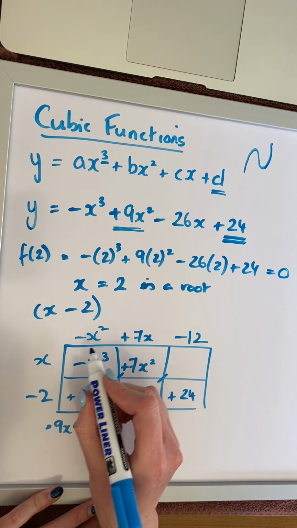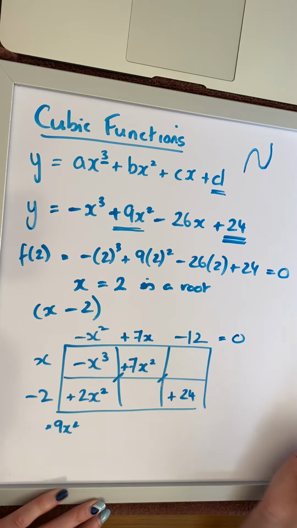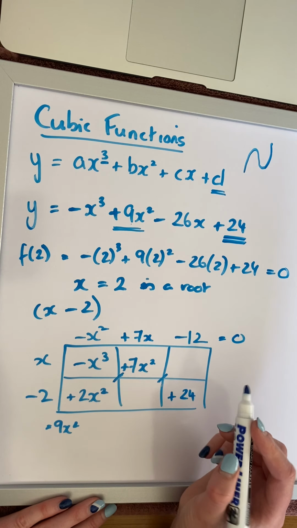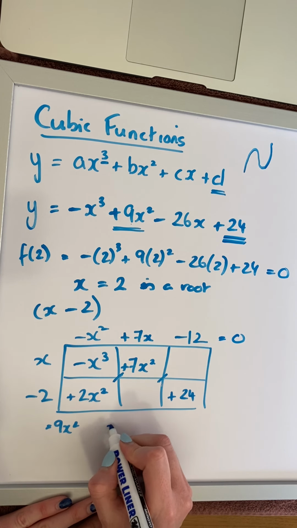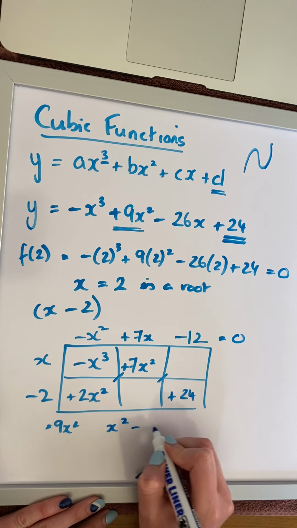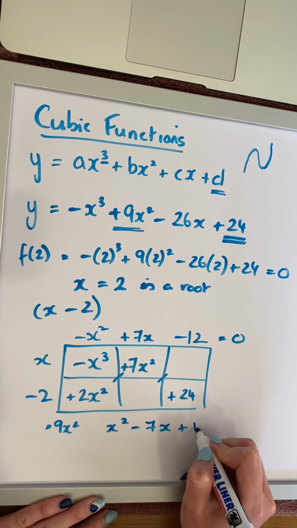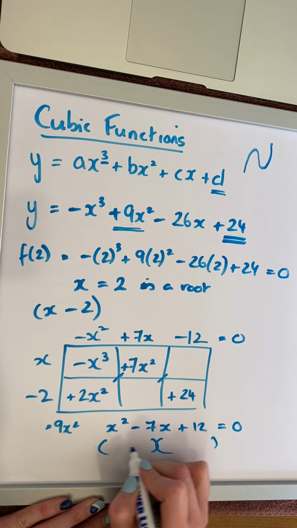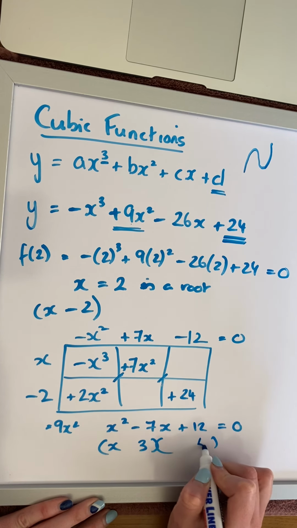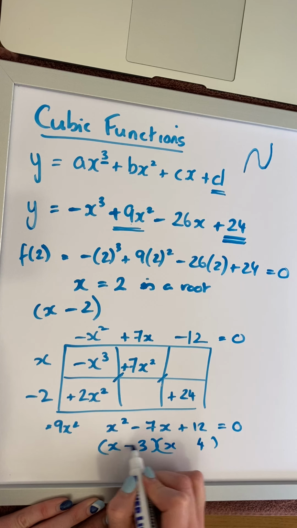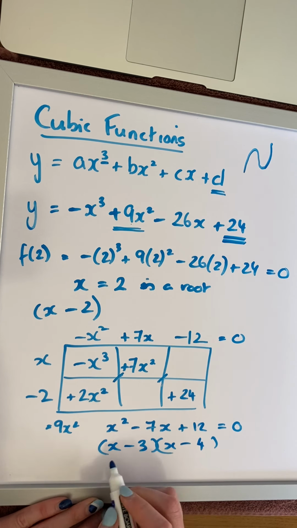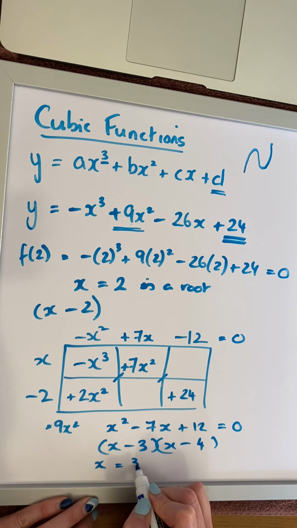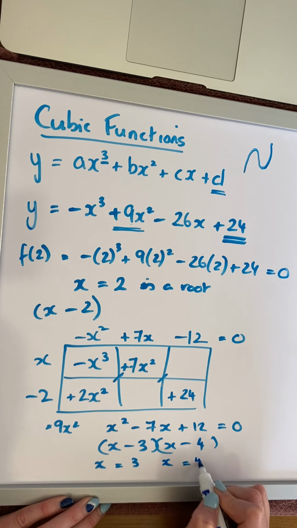Finally, all we need to do is solve this equal to 0. Now, because it's a negative x squared, I'm going to make it a little bit easier on myself and multiply across by minus 1, first of all. And then if we get factors of 12, which are 3 and 4, that will add together to give minus 7, minus 3 and minus 4, sorry, we get our remaining roots of x equals 3 and x equals 4.